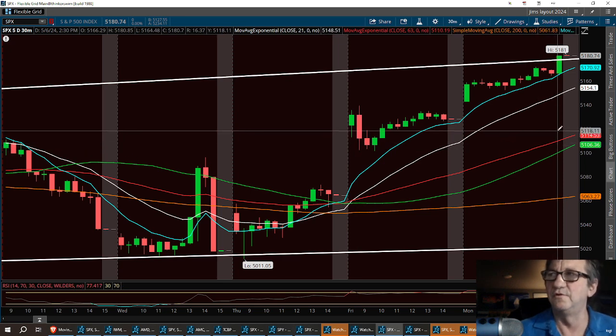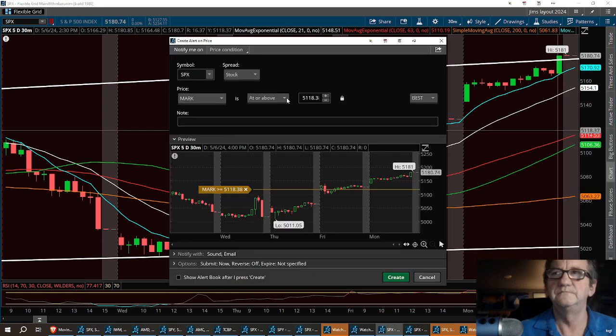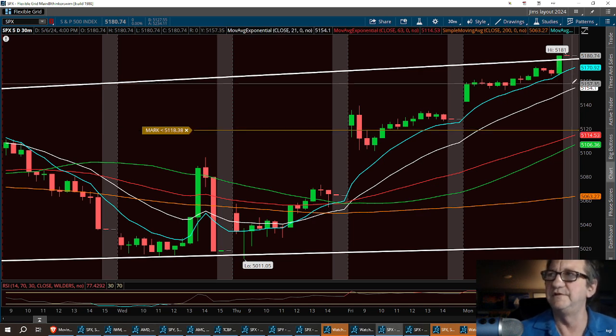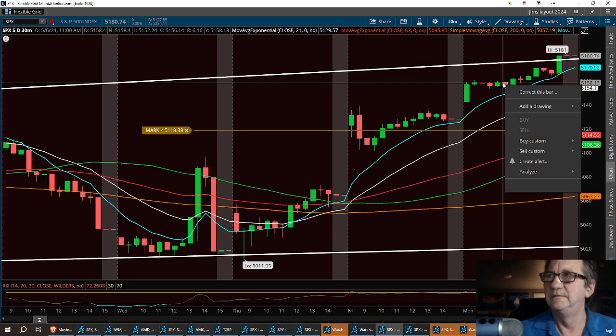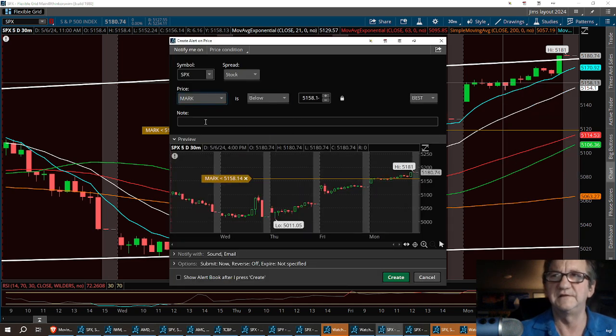Maybe set my alert above the 63, because I think it could go down and hit that 63, and I'll be ready for the trade. And I'd set an alert above each moving average, and I'd put a note in it like, set me alert, and I'd say above, let's say the 21 EMA on 30 minute.